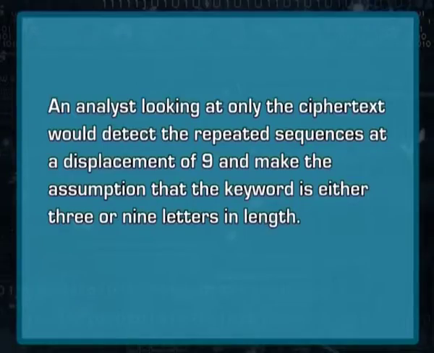The important insight that leads to a solution is, if two identical sequences of plain text letters occur at a distance that is an integer multiple of the keyword length, they will generate identical ciphertext sequences. Now, for sure, an analyst looking at only the ciphertext would detect repeated sequences at displacements of 9 and make the assumption that the keyword is either 3 or 9 letters in length.